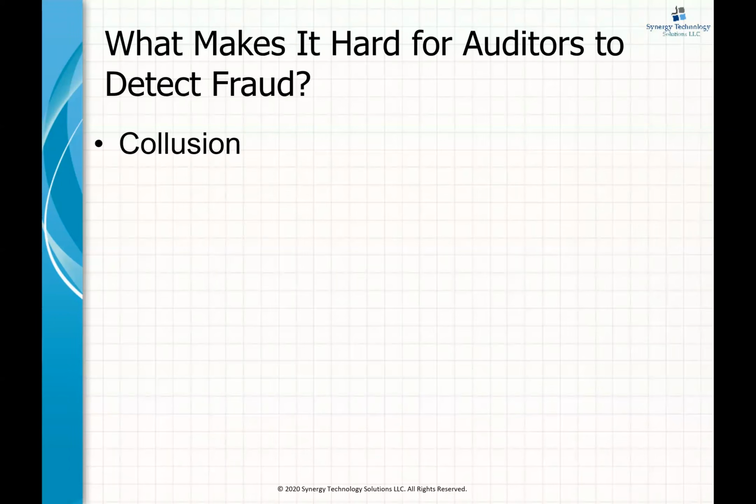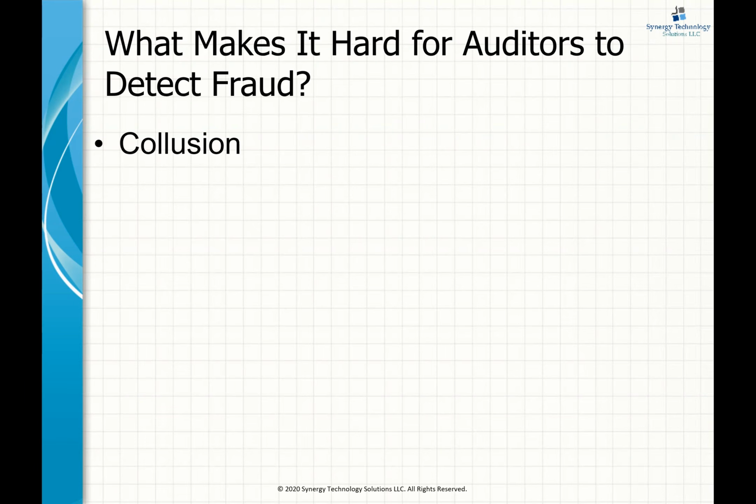Now, the question is, why is it so hard for auditors to detect fraud? One is the collusion by insiders or outsiders. If there is insider-outsider collusion, it's difficult to discover fraud.